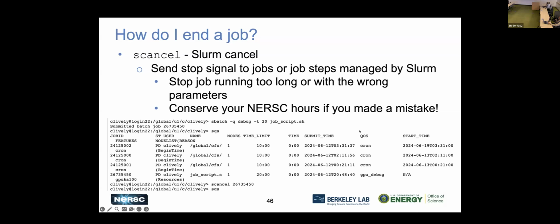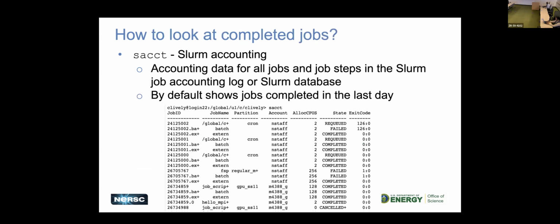Here's an example, submitting just a job. Got the job number here. We use sqs to monitor it, and then we use scancel to cancel that same job ID. That's just a simple way, if you have a change of heart, you can go ahead and cancel the previously submitted job.